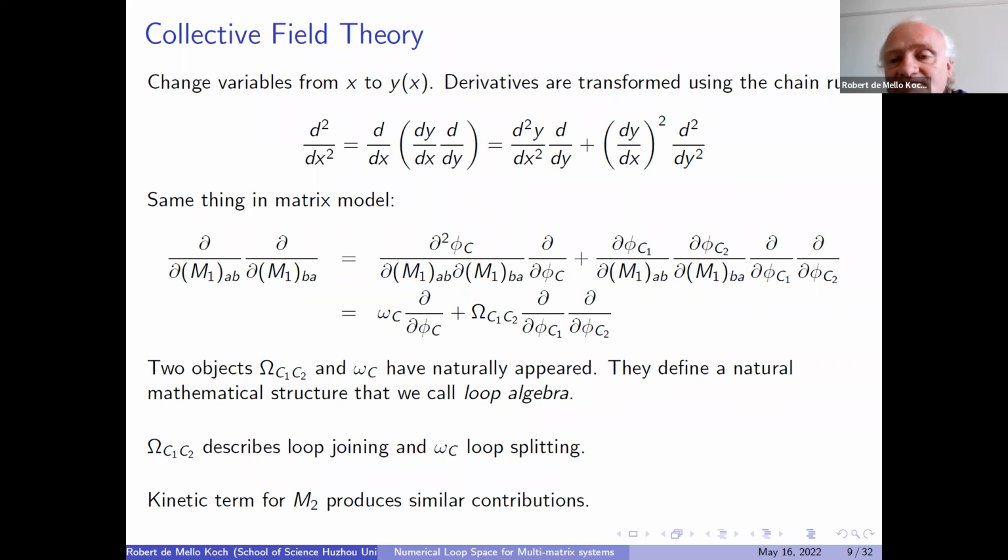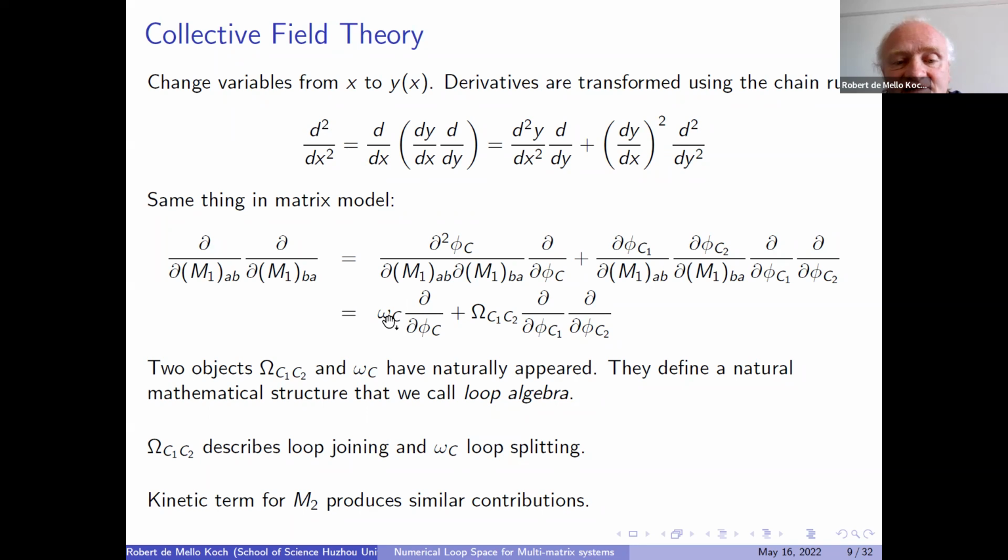When you rewrite it in terms of y of x, there are two terms, one linear in d by dy, and you also get a second derivative with respect to y. Just a completely straightforward application of the chain rule. If you perform the same thing in the matrix model, again, you get a term that's linear in derivatives of the loops, and a term that is a second derivative in terms of the loops.